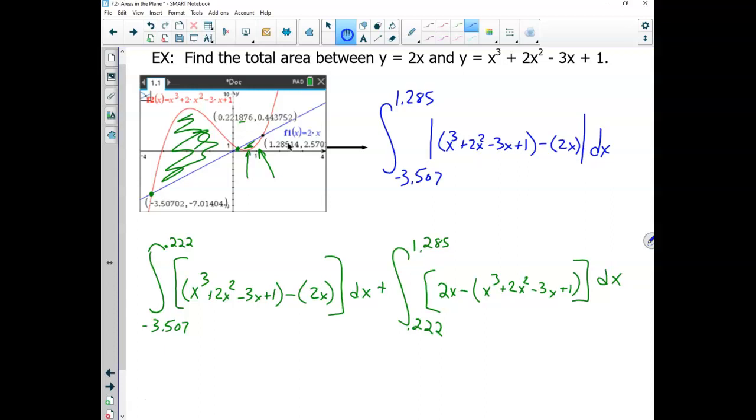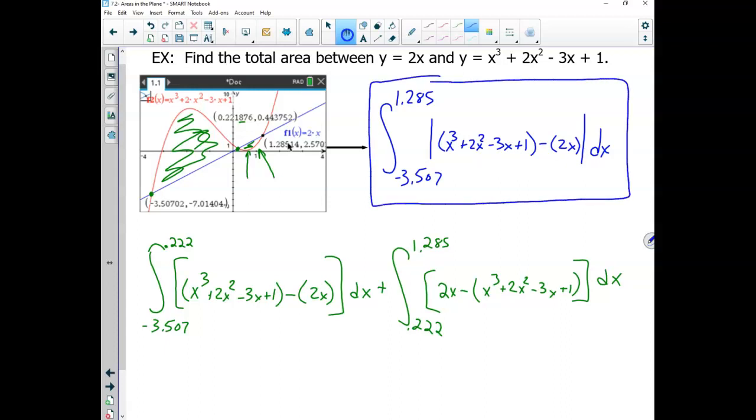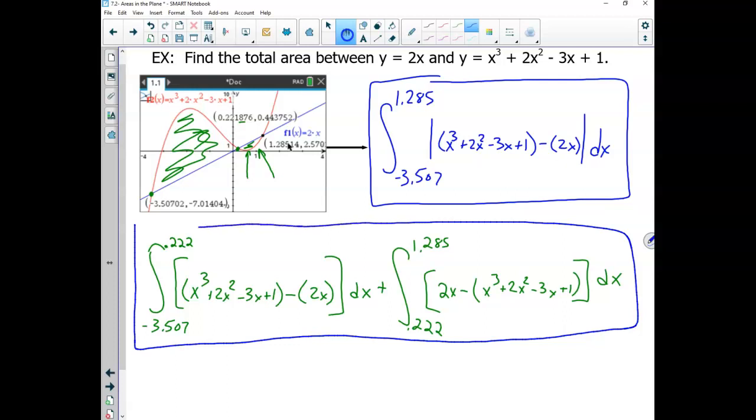Yep, you could do that as well, because that's going to make sure all the bounded area is covered. So if you showed your integral setup, that would be an appropriate integral setup. This would also be an appropriate integral setup, and they're looking for the setup in the answer.